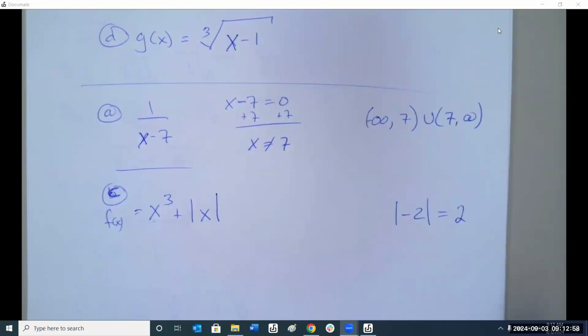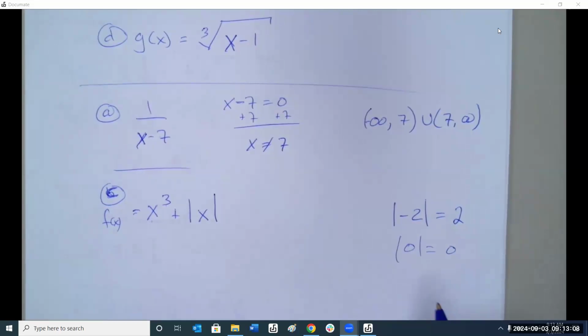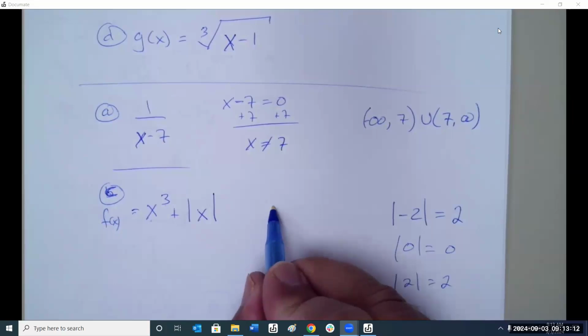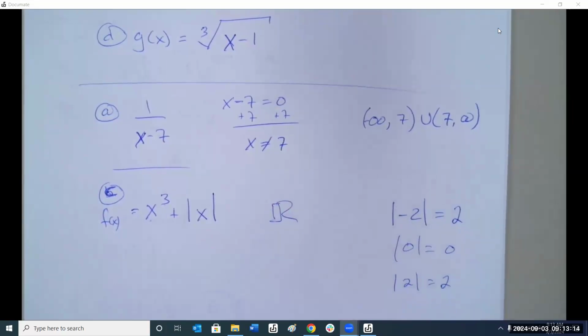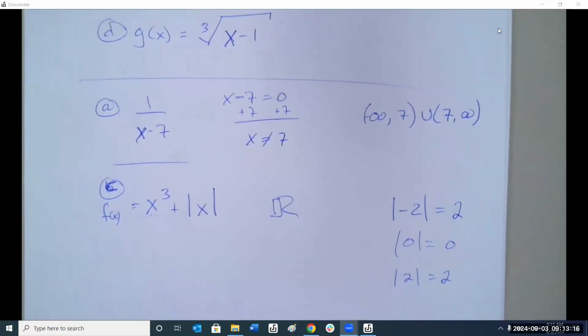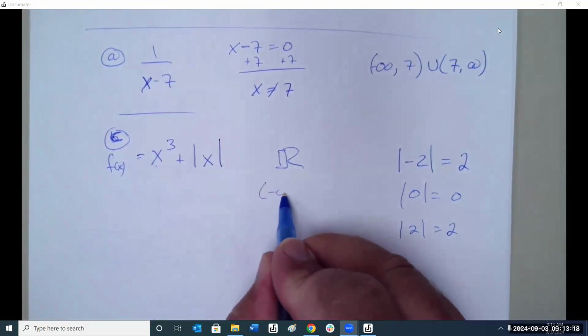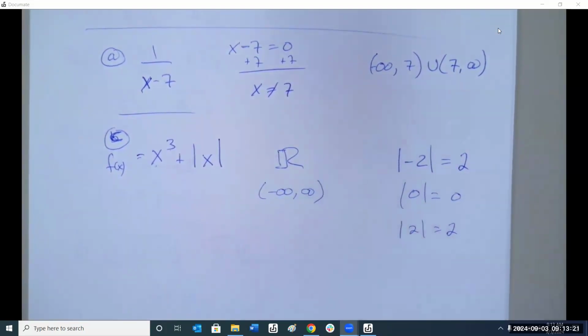The absolute value tells you the distance of how far that number is from 0. -2 is 2 units away from 0. Can it be 0? Yeah, there is no movement. Can it be positive? Yes. So this one is all real numbers, or from negative infinity to positive infinity.